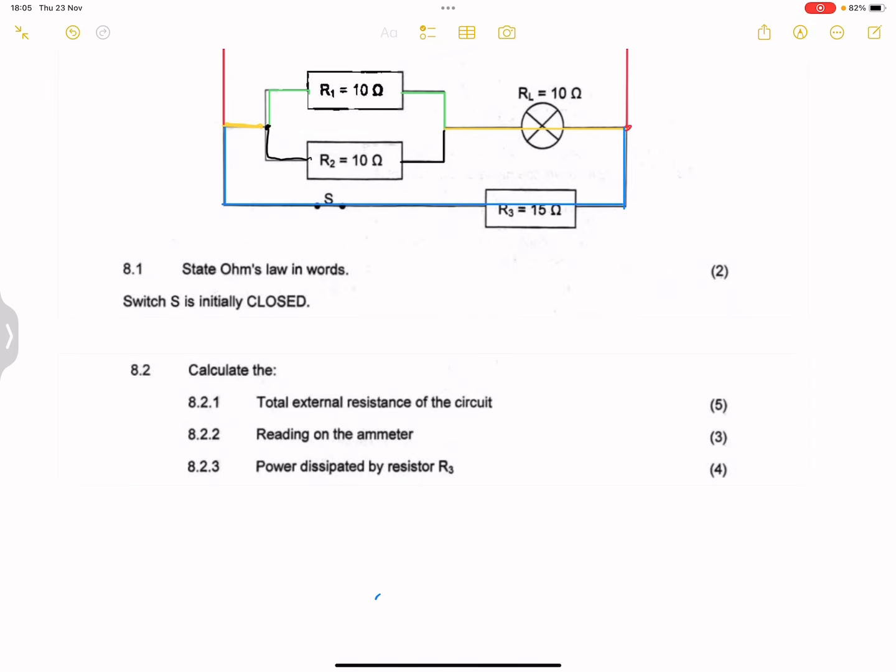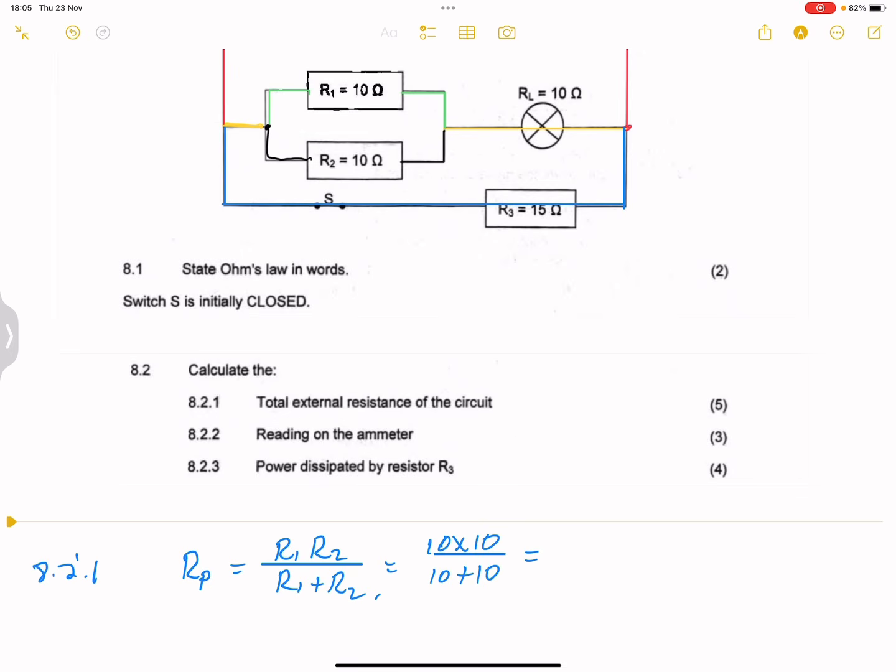So let's start with the first one. I'm going to say for 8.2.1, RP, that's going to be R1 times R2 divided by R1 plus R2. So that's going to be 10 multiplied by 10 divided by 10 plus 10.